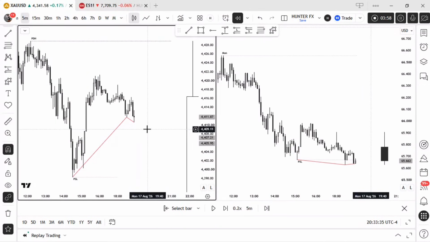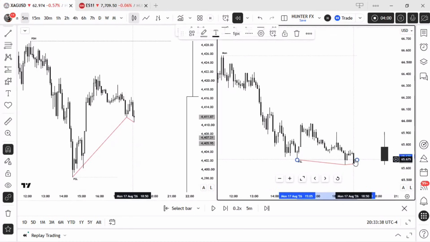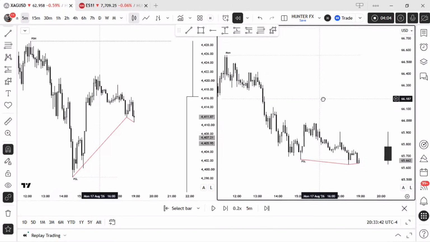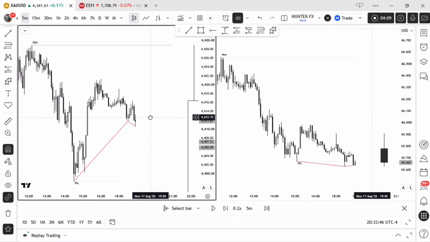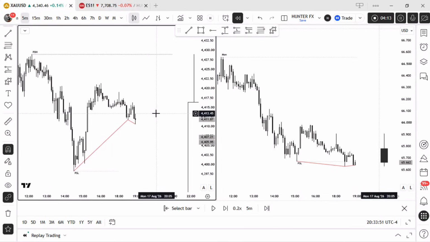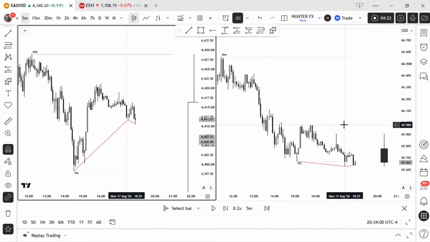We just be patient and wait, because liquidity has already been taken and we are waiting for our trade towards the previous day high, which is Monday, to get the continuation on Tuesday. Let's see where price is heading. We see whether we get a trade or we don't.